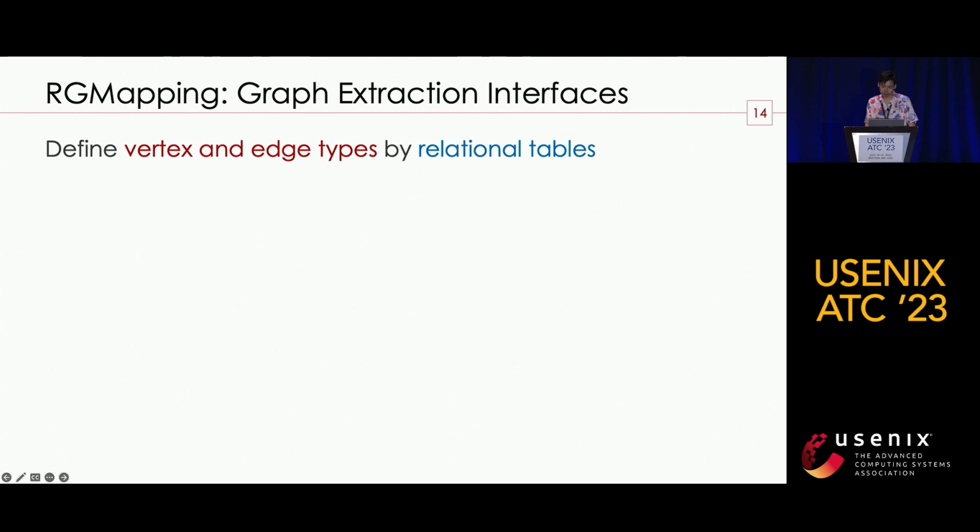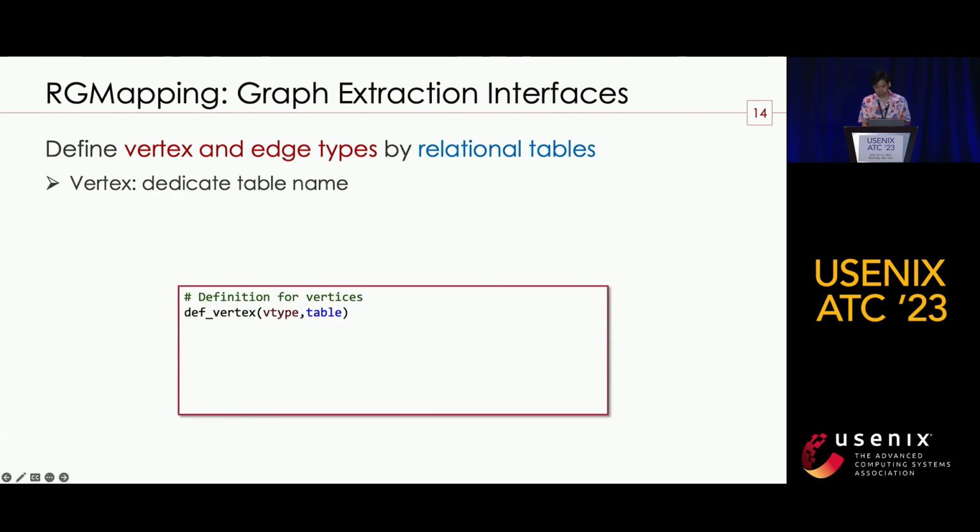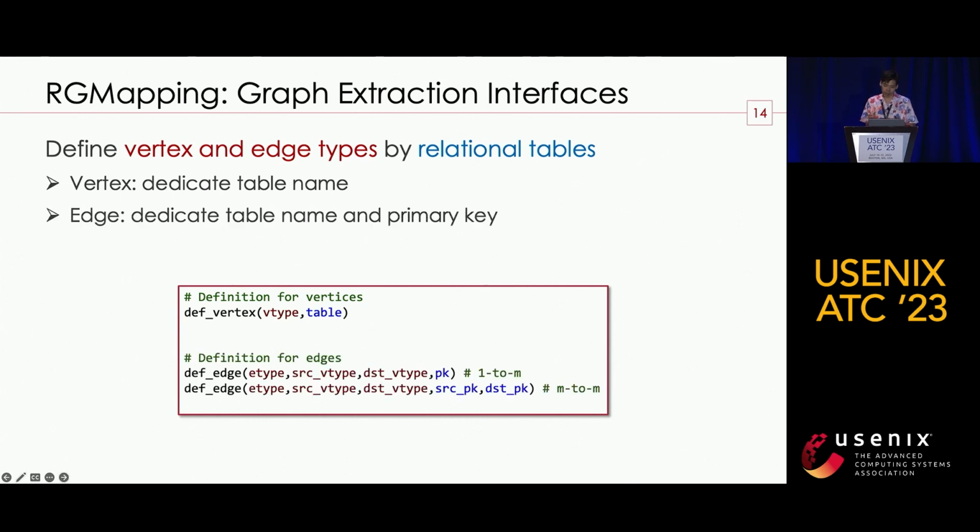This RG mapping model provides expressive interfaces for extracting graphs from relational models. GAT defines the graph using dedicated table names and column names. Each vertex type corresponds to one relational table by its relational table name. And the edge types should specify the table name and the primary key to use to specify how the vertices are connected by this type of edge.